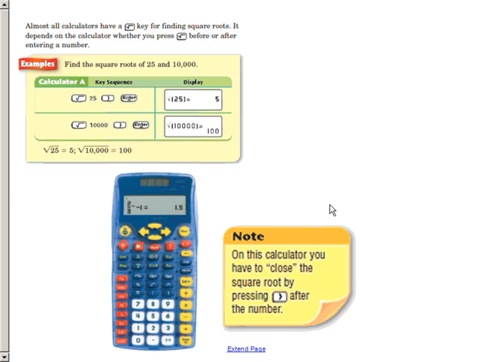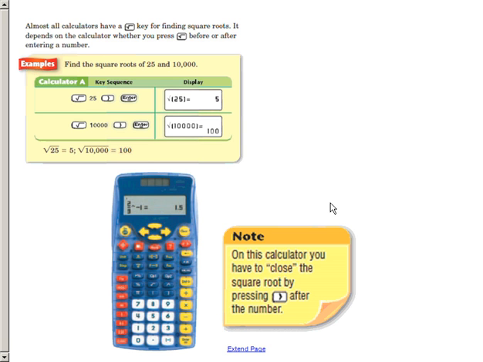So the first thing I'm going to show you is just the information about finding the square root. And most calculators have a square root key, but it depends on your calculator exactly how it's used. And we found that with other things on our calculators.